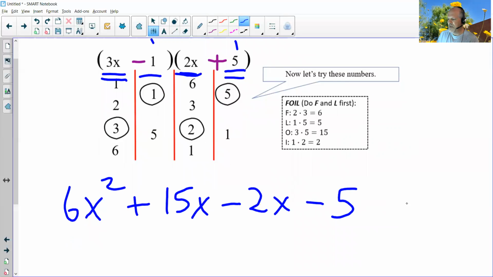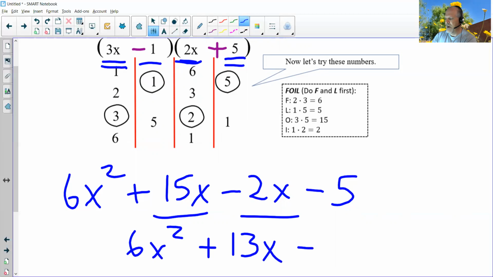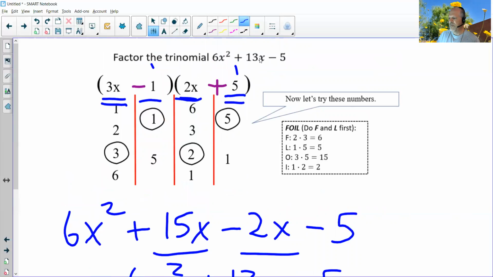If I combine these two terms, I get 6x squared plus 13x minus 5. If I scroll up, that is the correct answer because it matches the first trinomial.